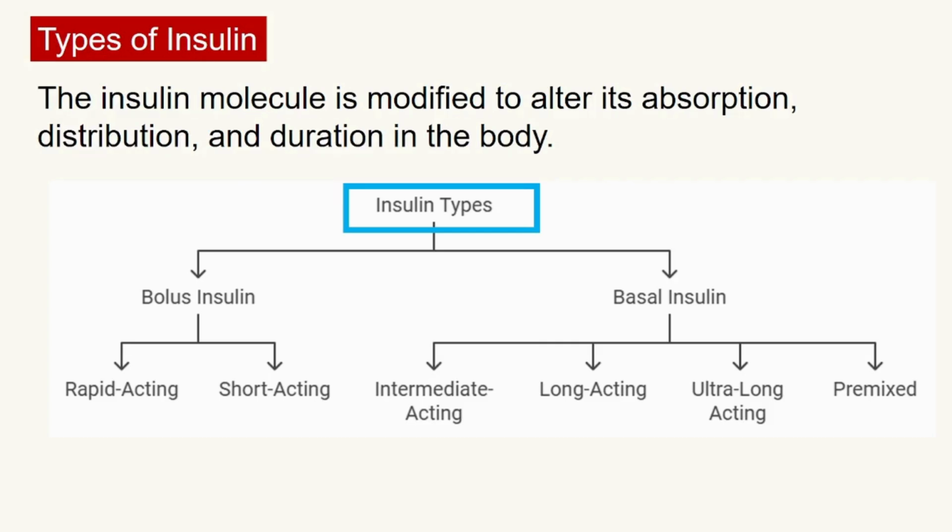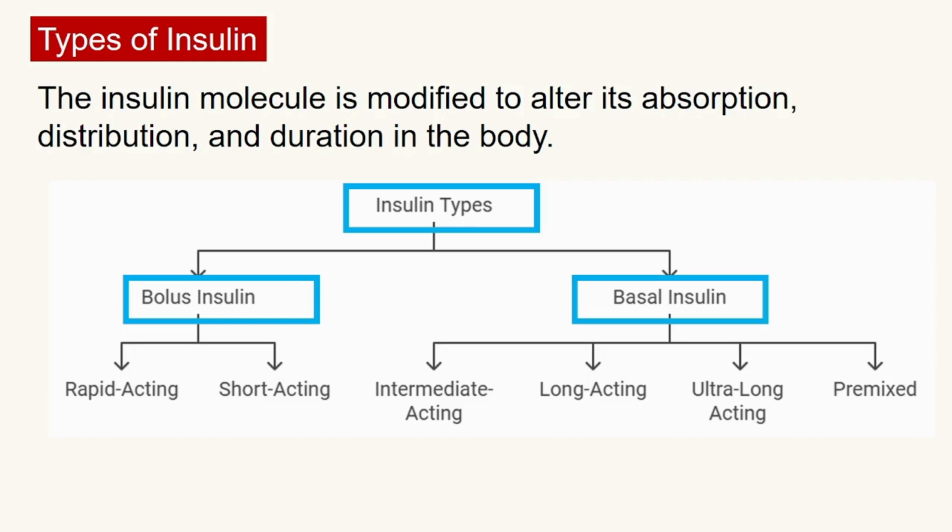The insulin molecule is modified to alter its absorption and distribution, and that enables a different duration of insulin effect in the body. Based on this, insulins are divided into two major types: bolus insulin and basal insulin.